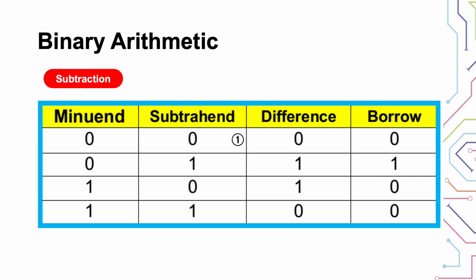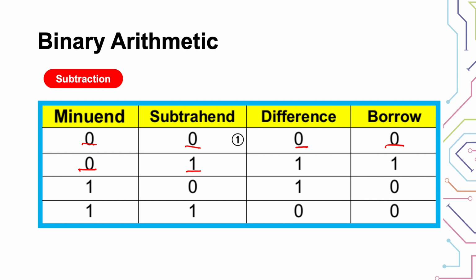For example, pag minuend natin is 0 and then subtrahend din natin 0, syempre 0 ang difference nila, borrow din natin is 0. Pero for example, minuend natin is 0 and then yung subtrahend natin is 1, so parang ibig sabihin smaller number is subtracted by a bigger number.